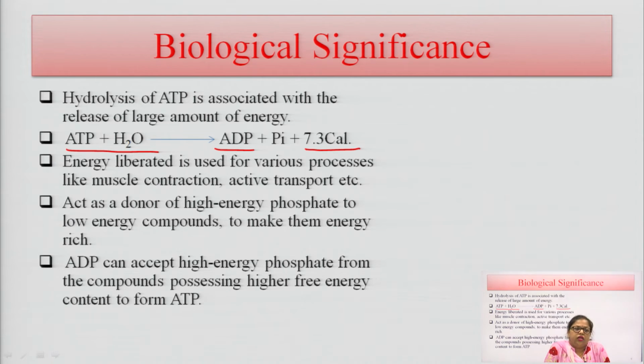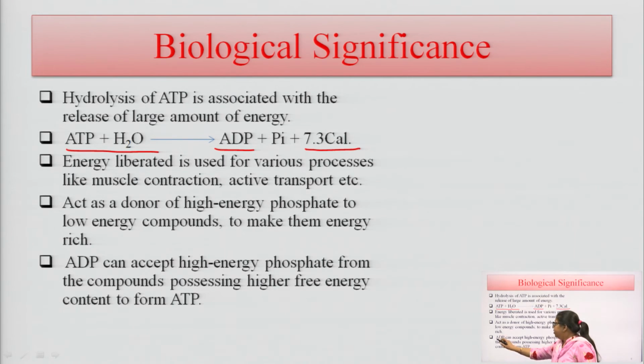It makes them energy rich compounds, because when ATP is converted into ADP, it releases energy and is converted to a low energy compound. They form the energy rich compounds so that the organs can use this energy for their normal functioning.